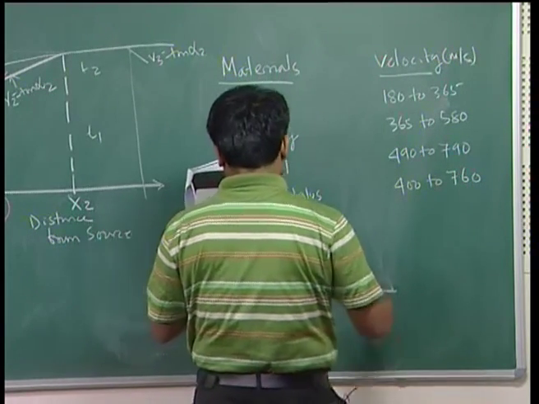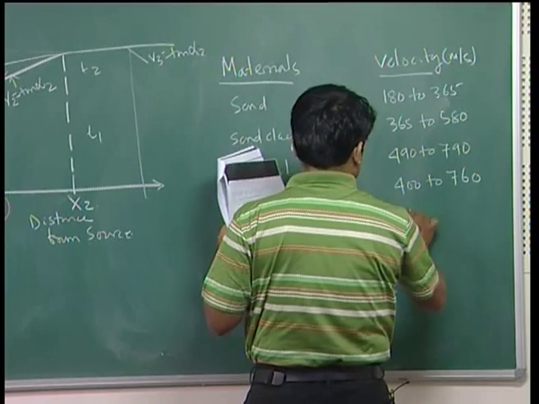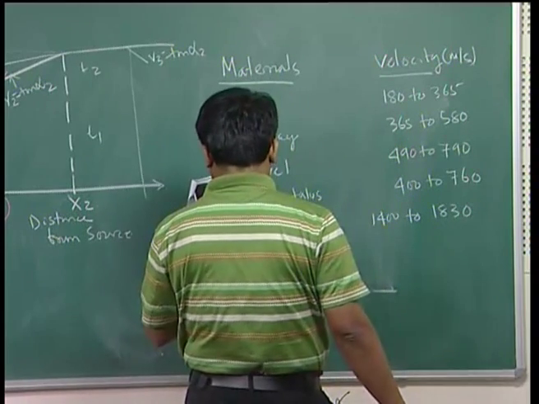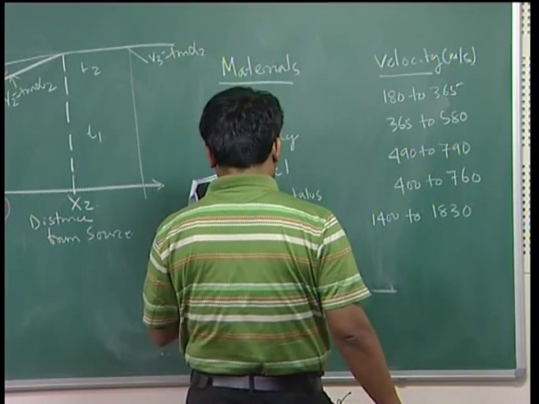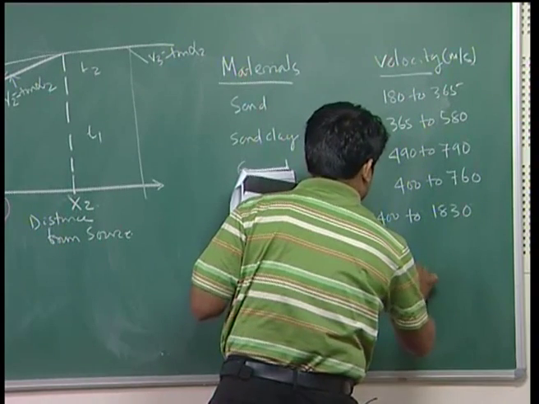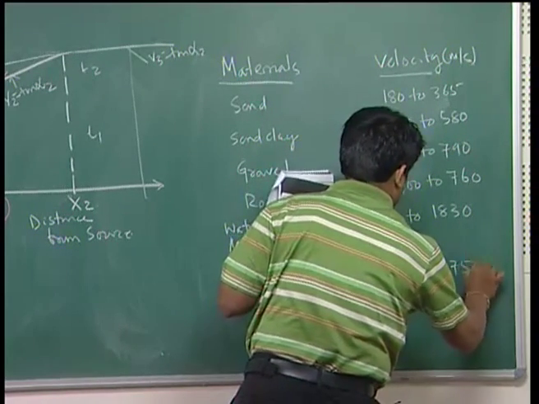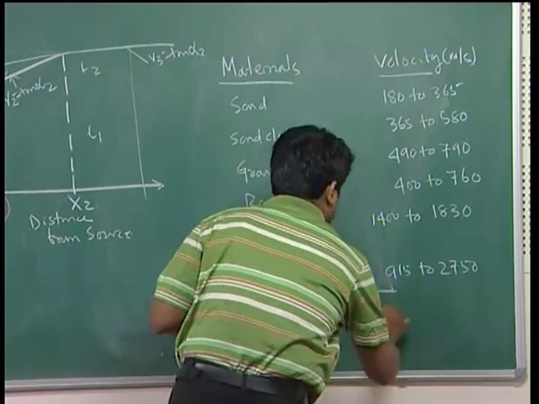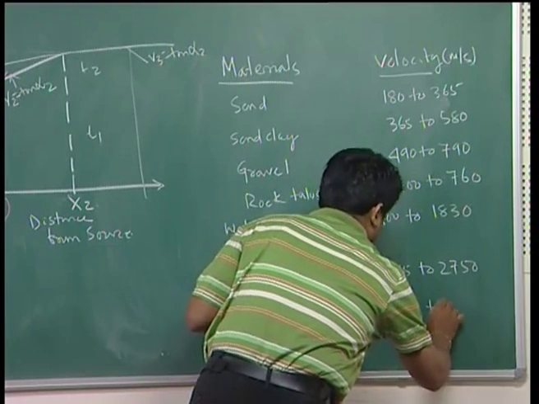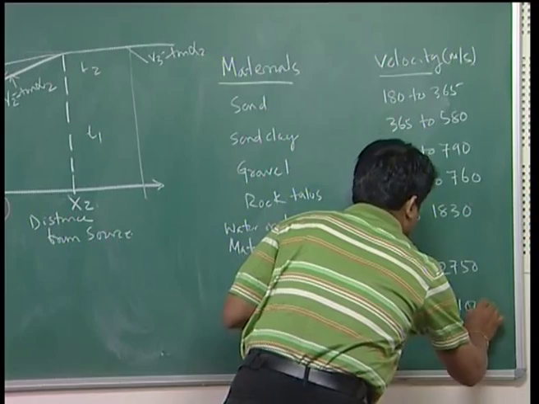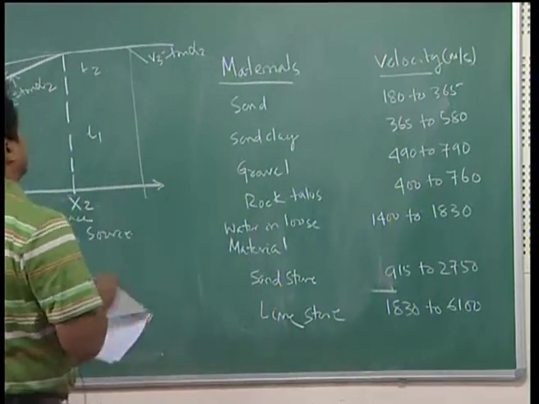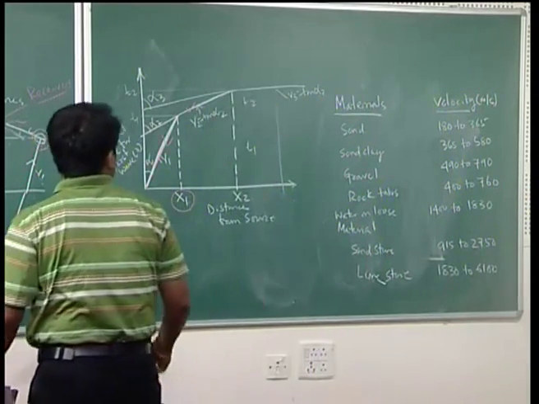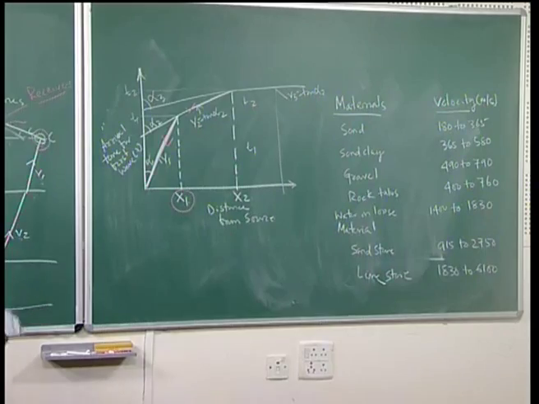Water in loose material is 1400 to 1830, then sandstone 915 to 2750, then limestone 1830 to 6100. These are well developed.